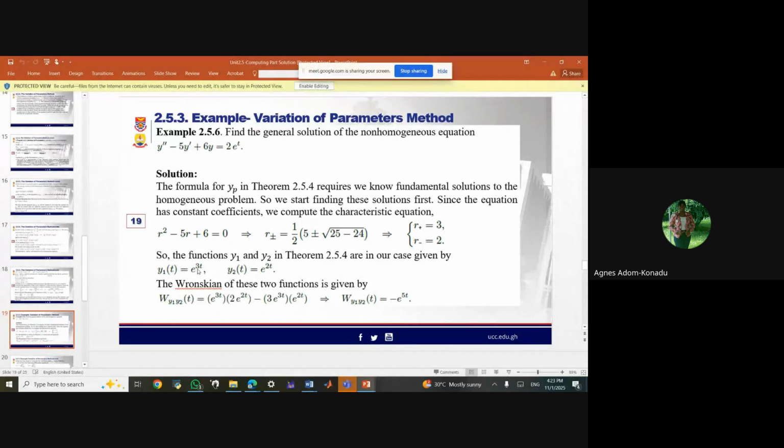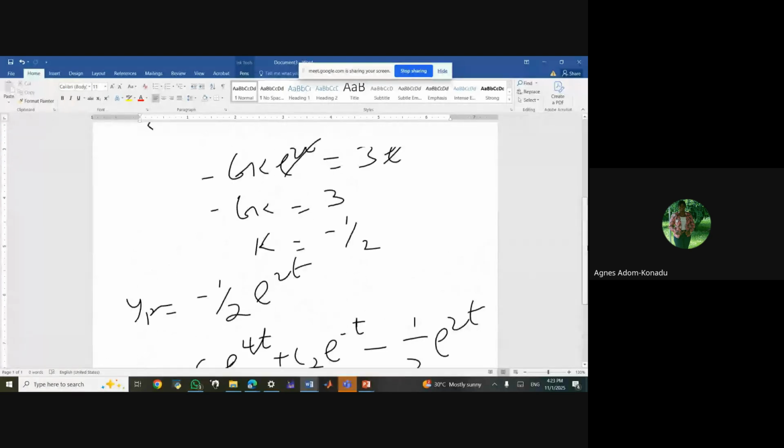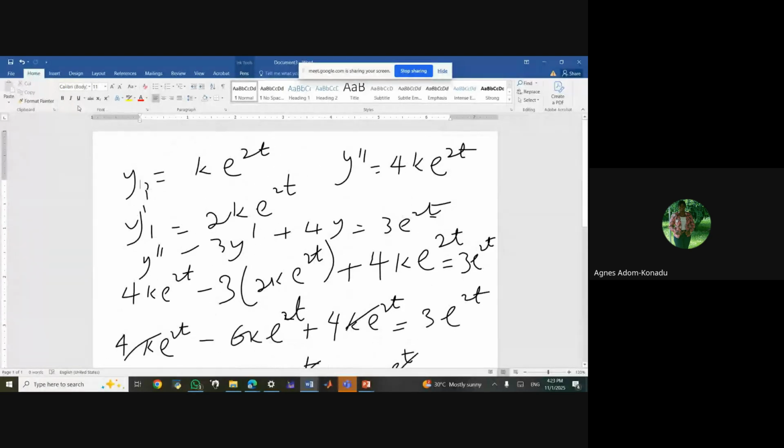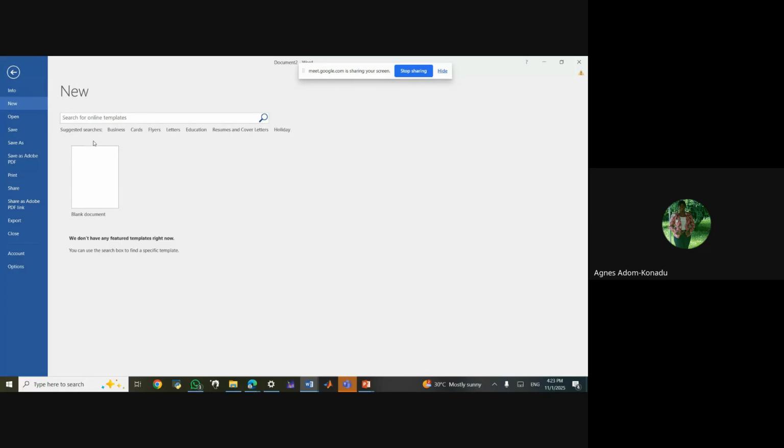We know how to find the Wronskian, from last week. How do we get the Wronskian?